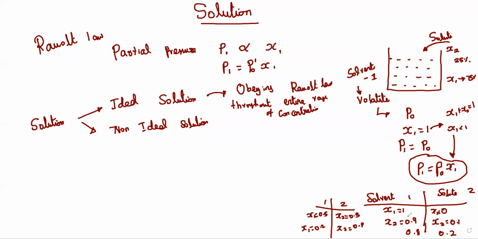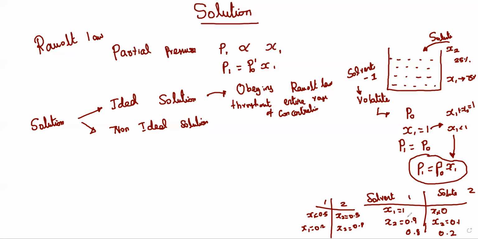From that, you calculate the value of P0, that is the vapor pressure. That vapor pressure must be equal to the original value, because each component has its own vapor pressure.